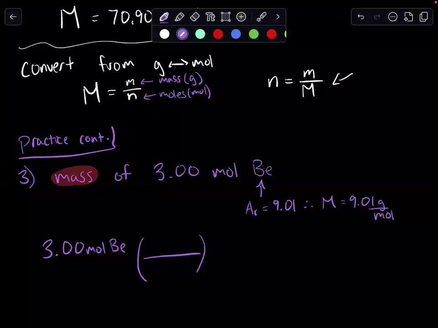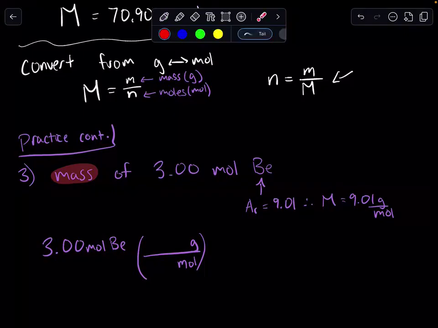I know that I want to end up with grams, and I want to cancel out my moles because I do not want the unit mole. Using algebraic techniques, if a unit's on the bottom and a unit's on the top, we'll be able to cancel these. So now I just need to plug something numerical in these parentheses that has grams on the top and moles on the bottom.